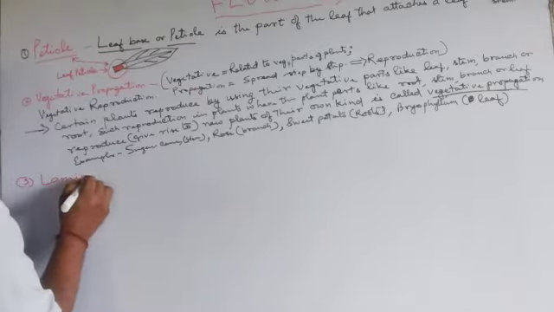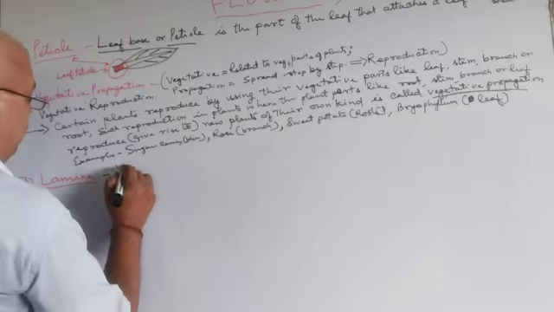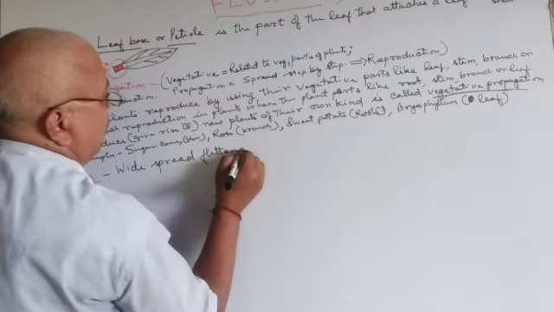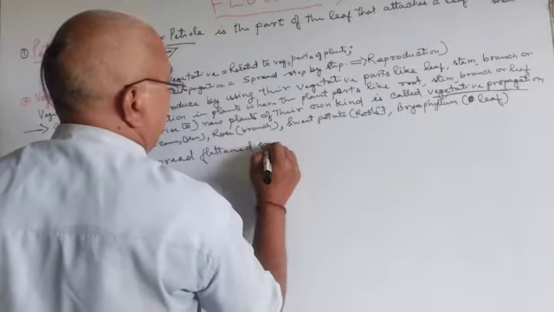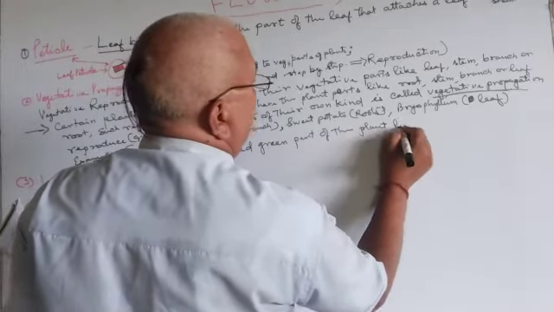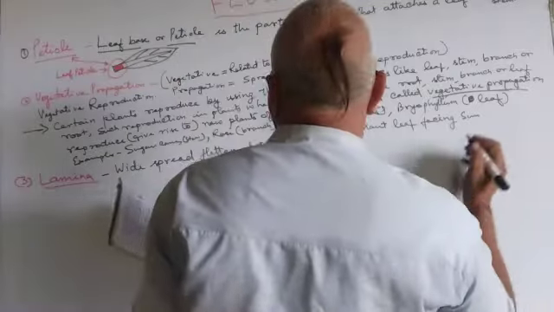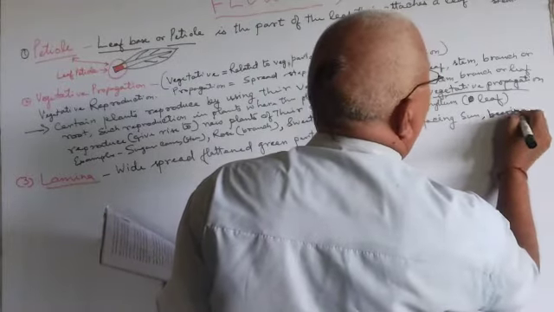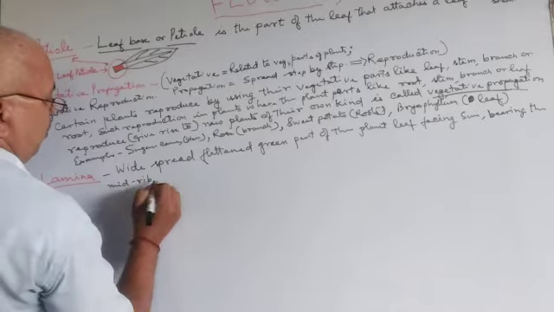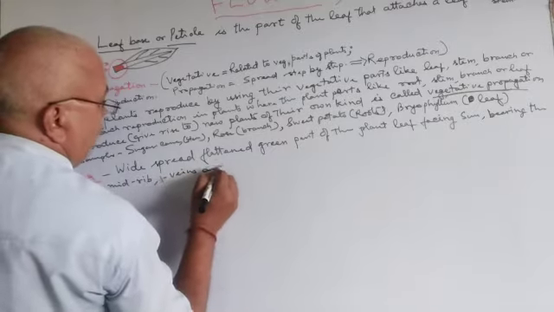Lamina is the widespread flattened green part of the plant leaf facing sun, bearing the midrib, veins and veinlets.